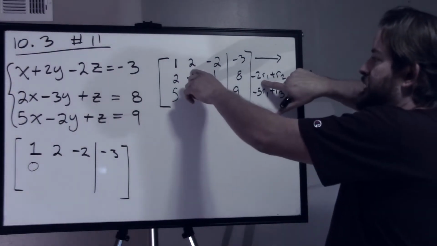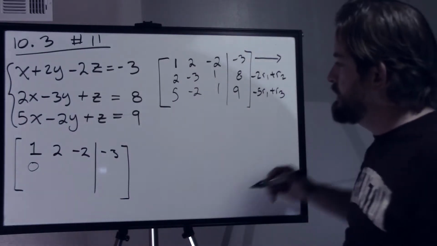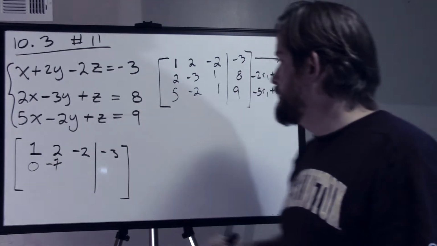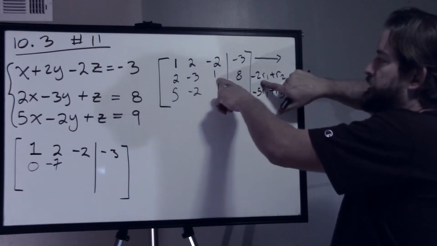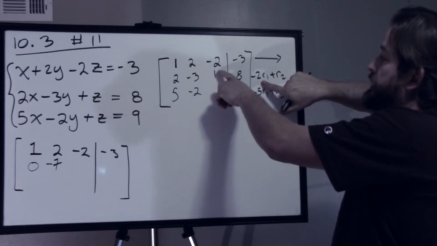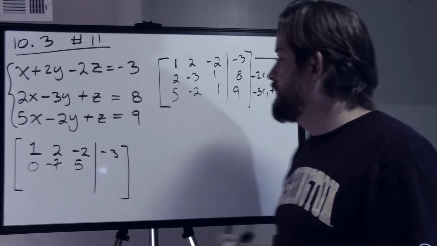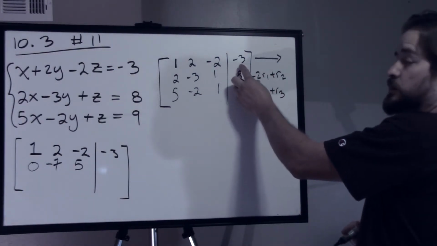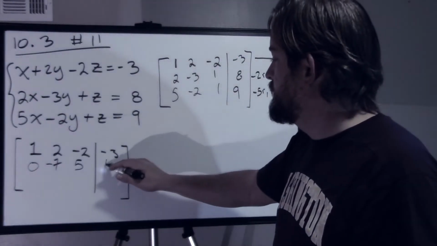Negative 2 times this element in row 1 is negative 4, plus negative 3 is negative 7. Negative 2 times negative 2 is a positive 4, plus that element from the second row, it's positive 4 plus 1 is 5. And then negative 2 times negative 3 is a positive 6, plus 8 gives me 14.